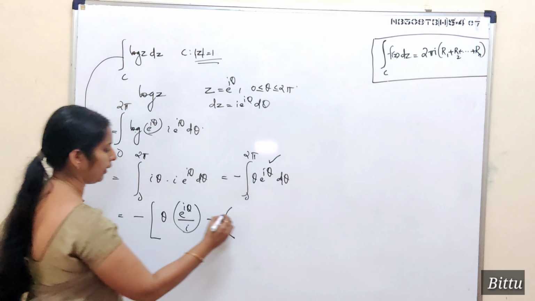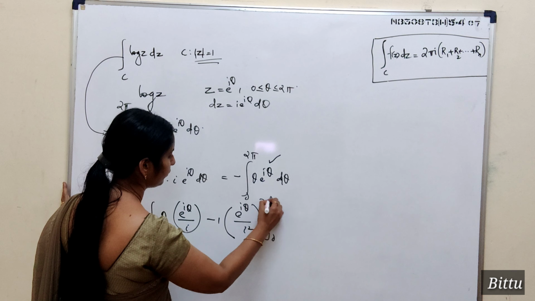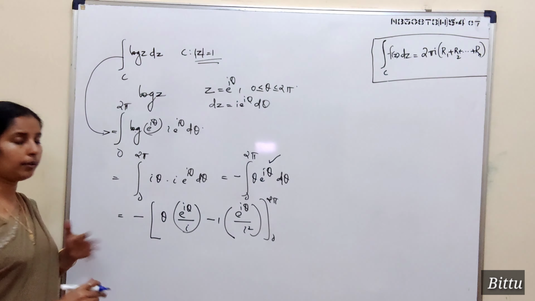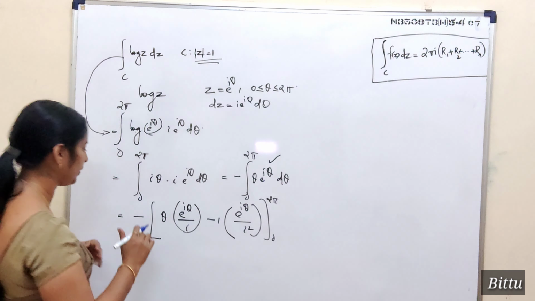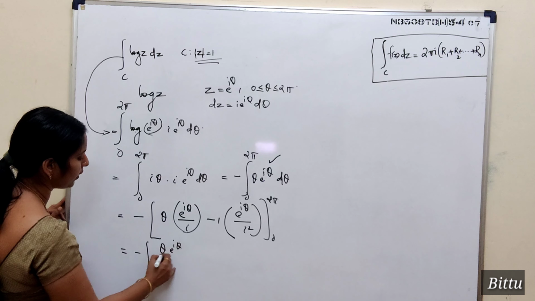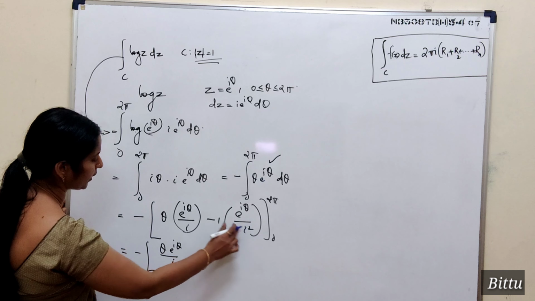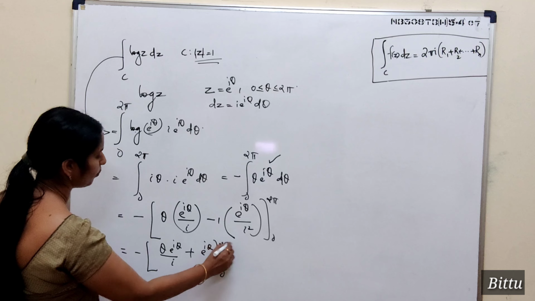Here you write its integral, that is e raised to i theta by i square. Now integration is over. Before applying the limits, you have to simplify the signs. That is, minus of theta e raised to i theta by i square is minus plus e raised to i theta, from 0 to 2 pi.